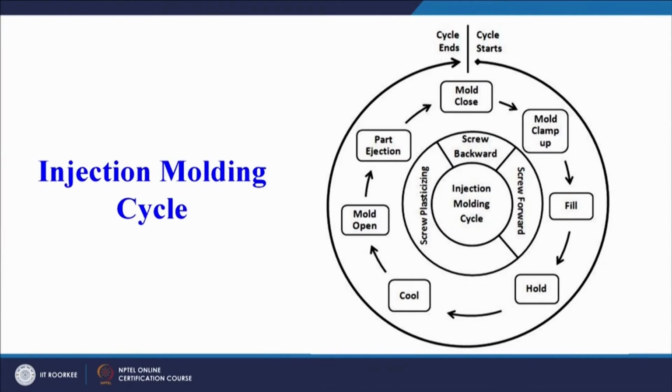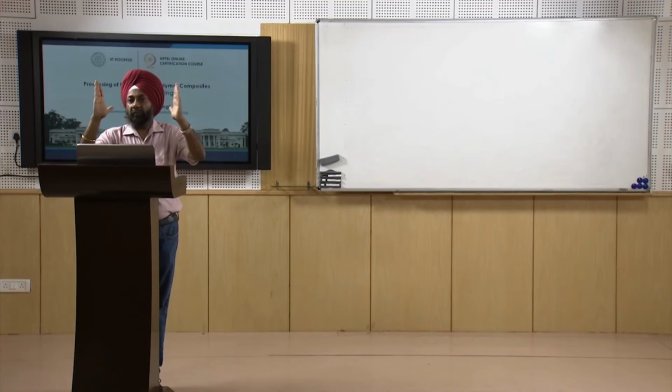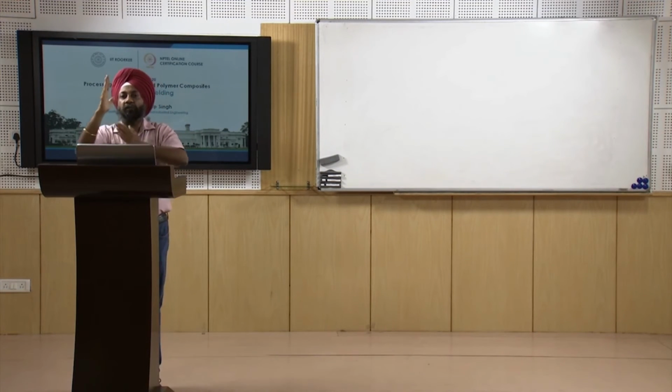Now part ejection is sometimes facilitated with the help of ejector pins, as the polymer has the tendency to stick to the metallic mold. So the product may stick to the fixed half of the mold. There are two halves of the mold. One is a movable half which will come and close the mold, the other one is the fixed half.